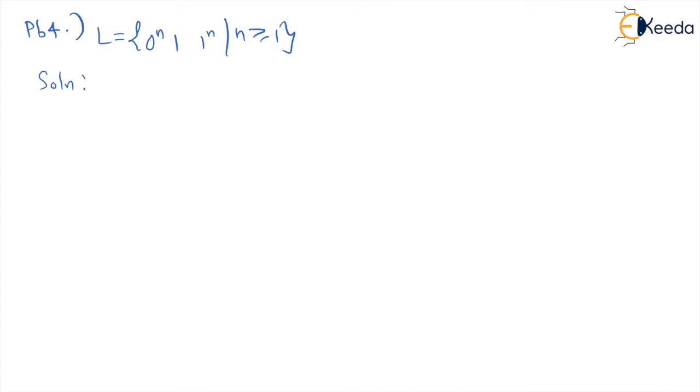So friends, first and foremost thing, the language over here is 0 raised to n, 1 raised to n, which I can further frame as 0 raised to n, 1 raised to 1 plus n, which I can further frame as 0 raised to n, 1 raised to n plus 1, which now I can write as 0 raised to n, 1 raised to n followed by a single 1.